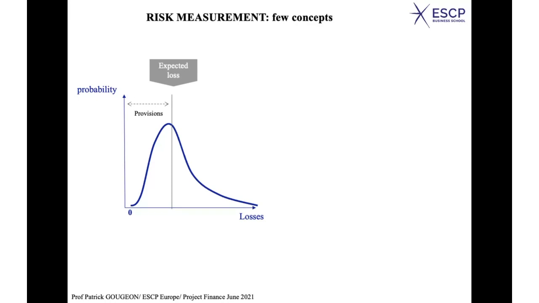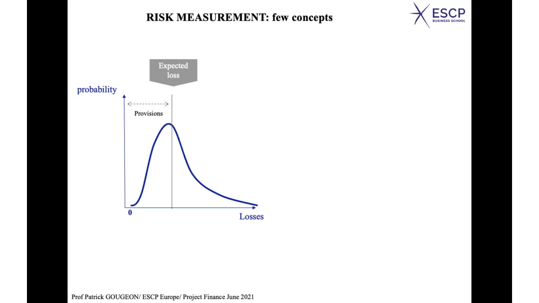And when you have a large number of people, you are like an insurer, and you can have a rather precise estimate because the distribution would have a narrow variance, okay, a small standard deviation or a small volatility, okay? But with a project which is a unique risk, okay, which is not part of a vast portfolio, well, you have a curve of losses and the expected loss is not quite meaningful, okay?